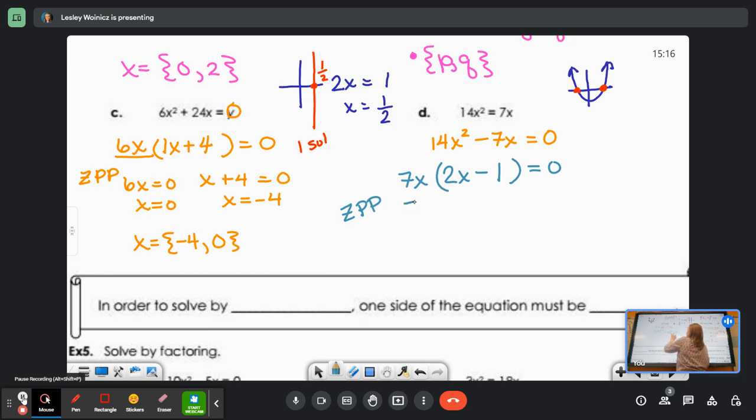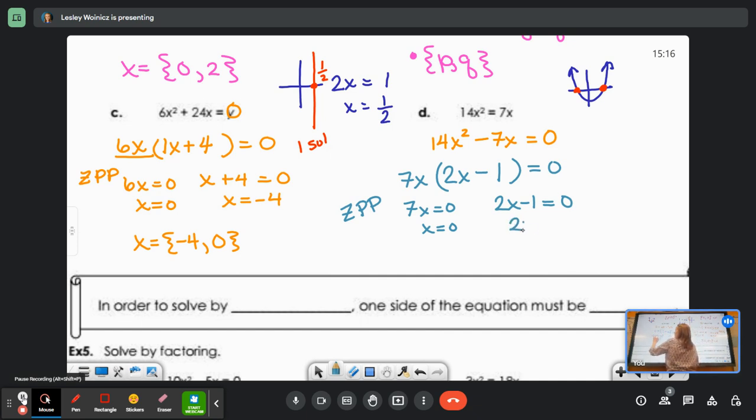Okay, so 7x equals 0 and 2x minus 1 equals 0. Divide both sides by 7 and we get x equals 0. Remember, we can divide by the 7 on both sides, just not the x. Okay, what about if we add 1 to both sides?